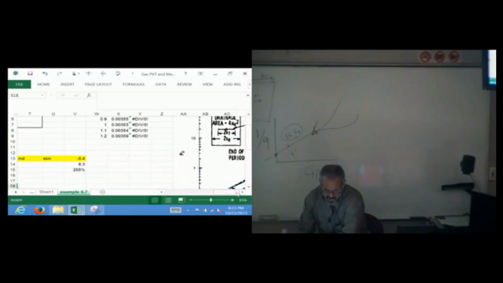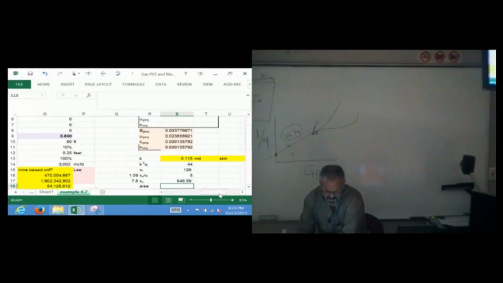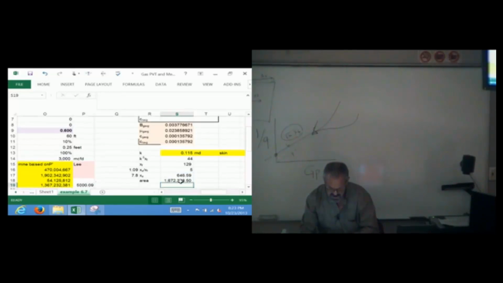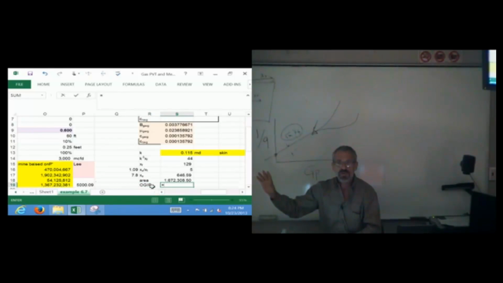My area is 4 x sub e squared. Remember, this test almost lasted 2 years. And that's in square feet. So my gas in place, since this is an original one, we can do original gas in place, is equal to, do I type in 43560?